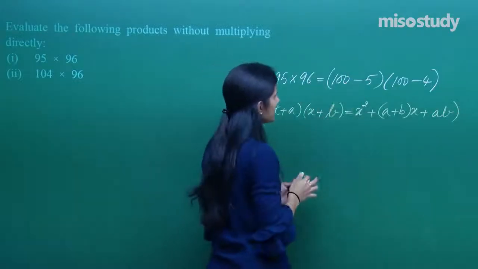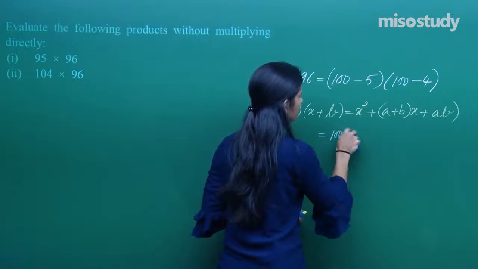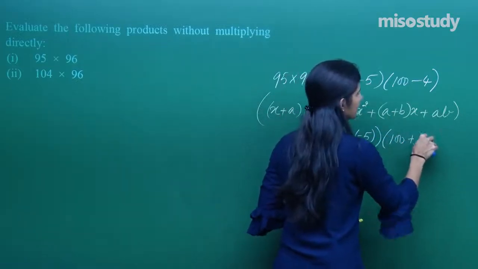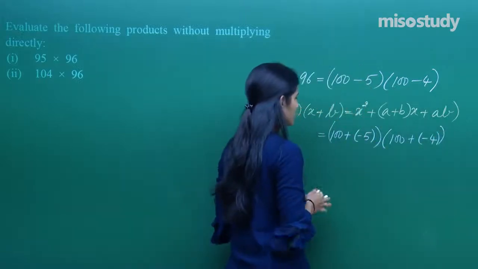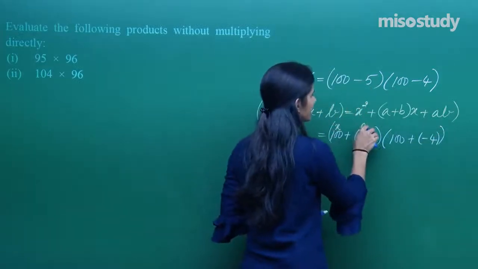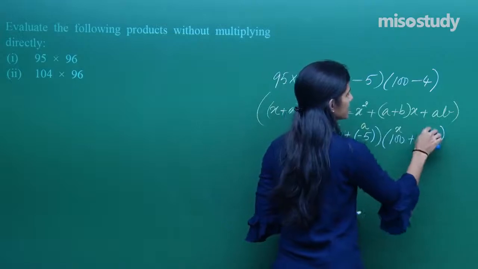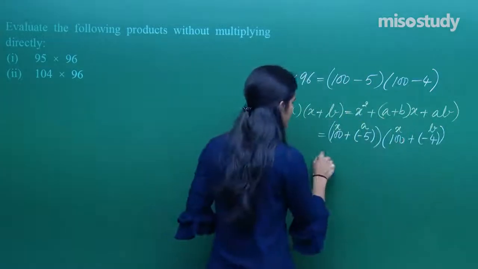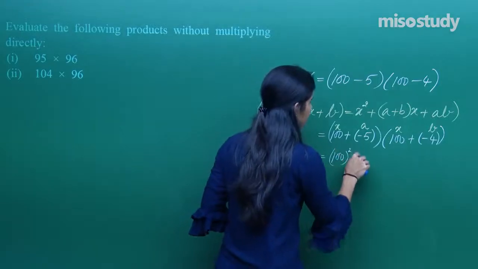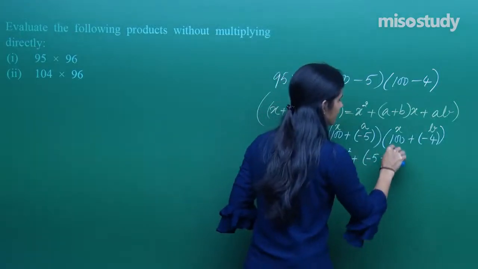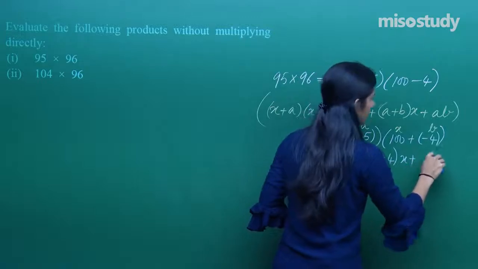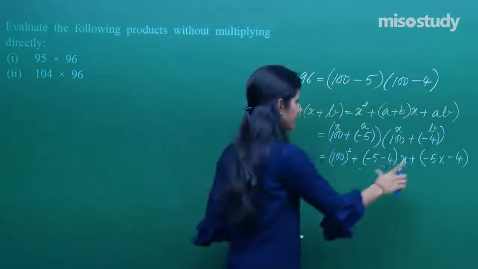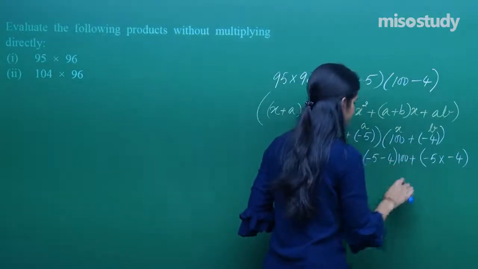So I can write this as (100 plus minus 5) into (100 plus minus 4). So now I have 100 as x, minus 5 is a, again 100 is x and minus 4 is b. So you have (x plus a) into (x plus b), which is x square plus (a plus b)x plus ab. (a plus b)x, but x is 100.